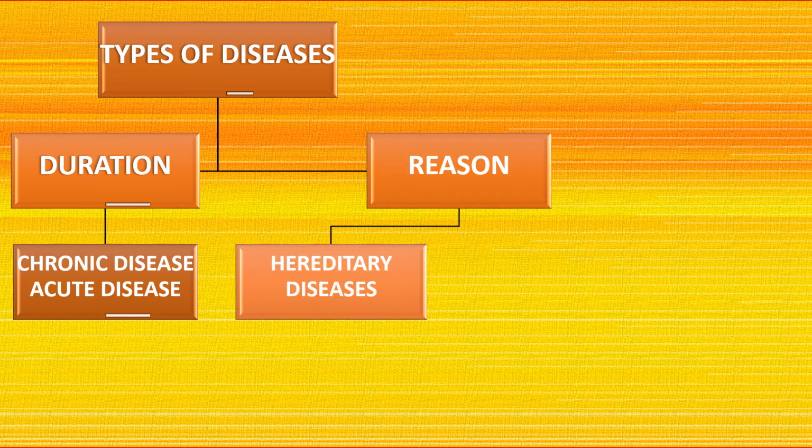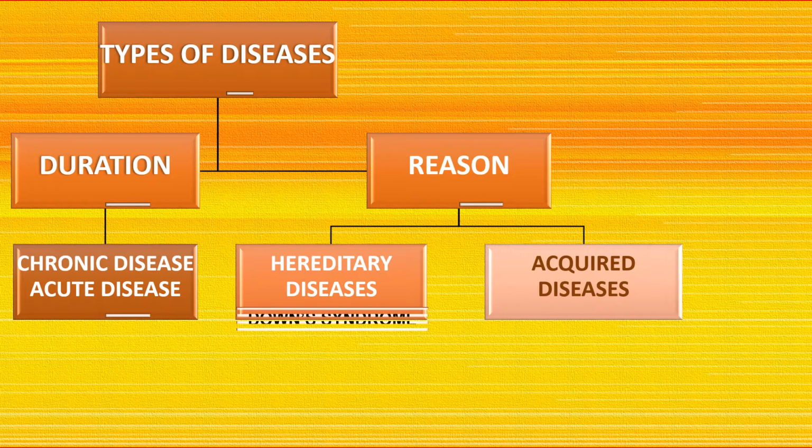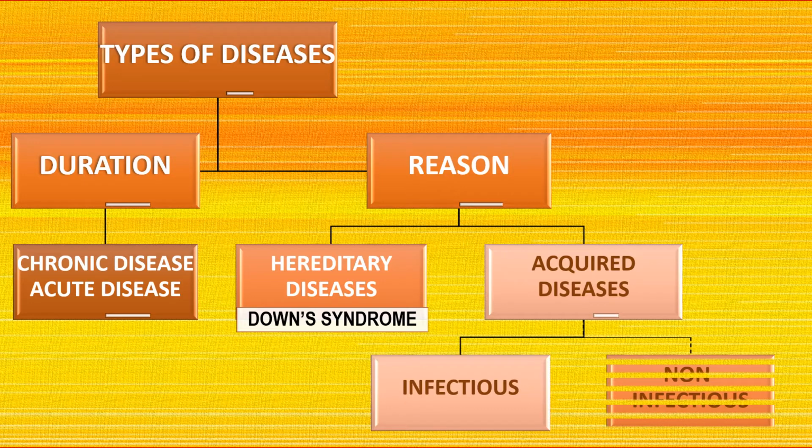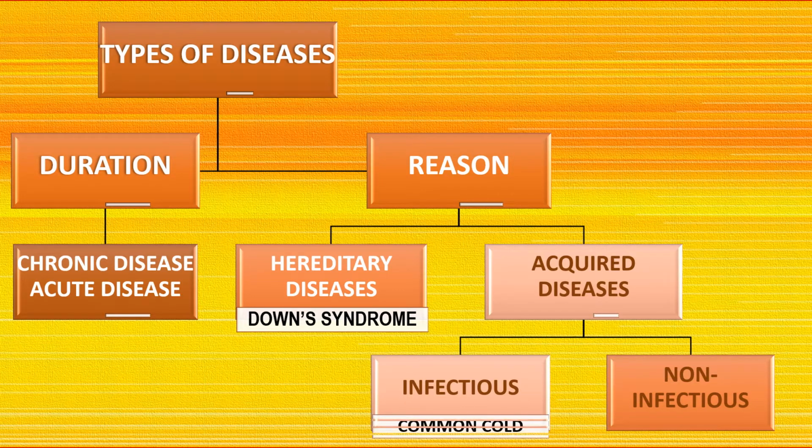Now the next type of disease depends on the reason. There we have either hereditary diseases or acquired diseases. And then we have acquired diseases which are either infectious or non-infectious. Hereditary diseases are those which are got from the parent and given to the offspring or the child, for example, Down syndrome.